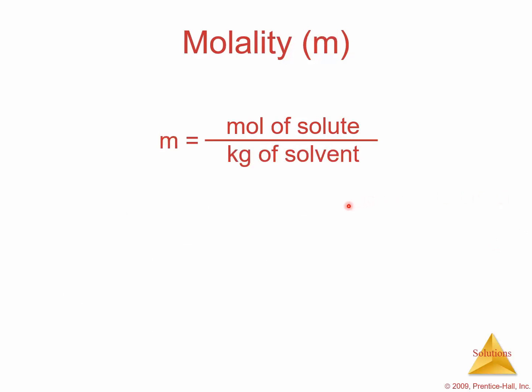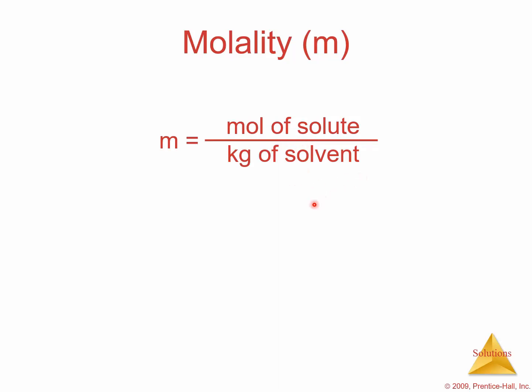Then we have the molality. The molality of a solution, denoted small m, is a unit that we have not encountered in previous chapters. This concentration unit equals the number of moles of solute per kilogram of solvent.